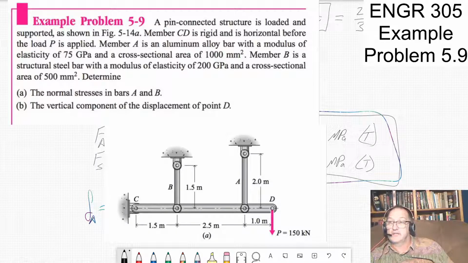That's the deflection at A. The deflection, because of similar triangles, it's going to be 5/4, 20% more. Sorry, 25% more.